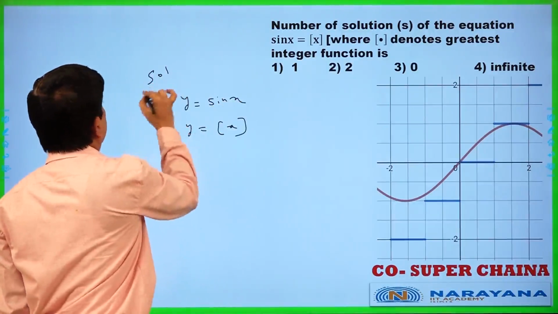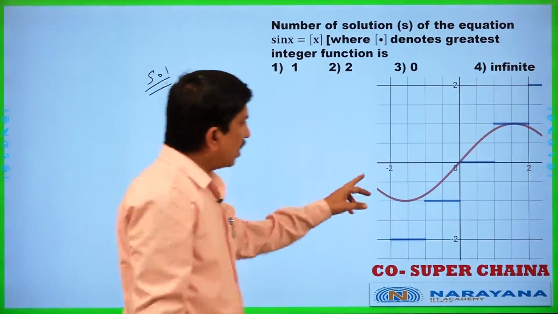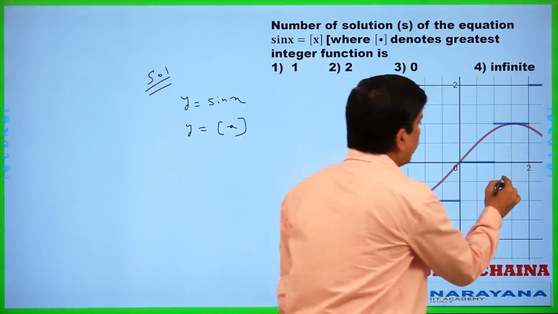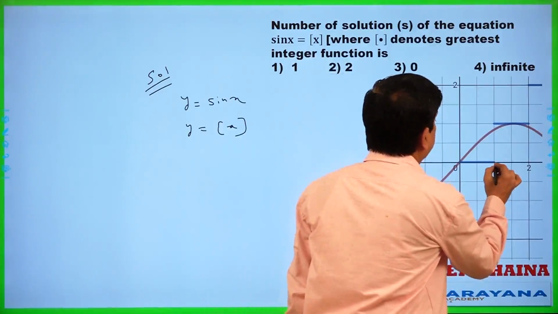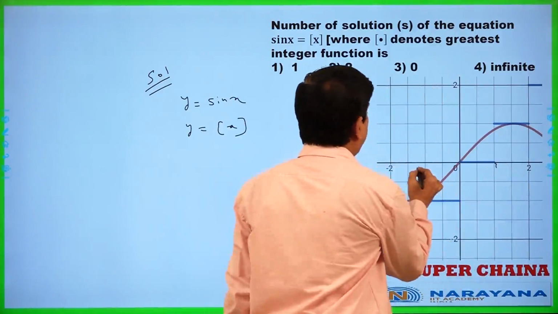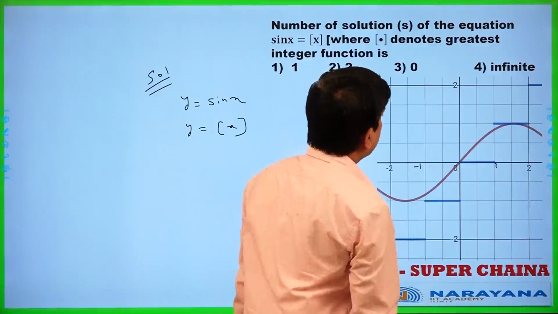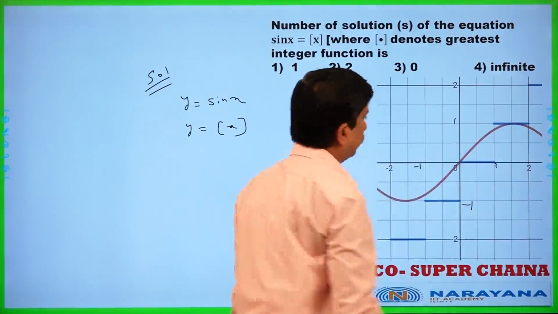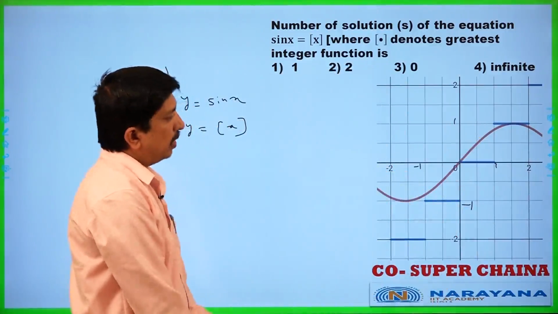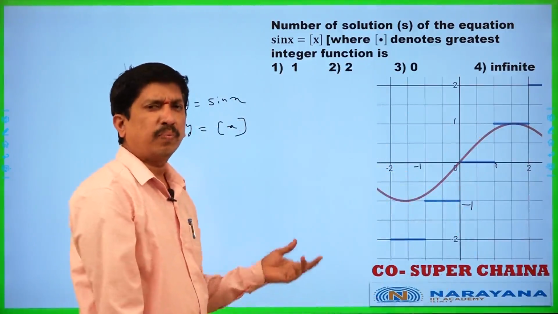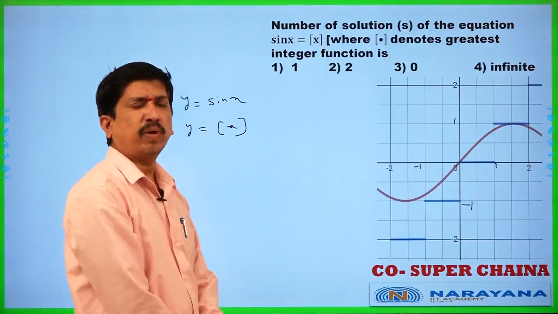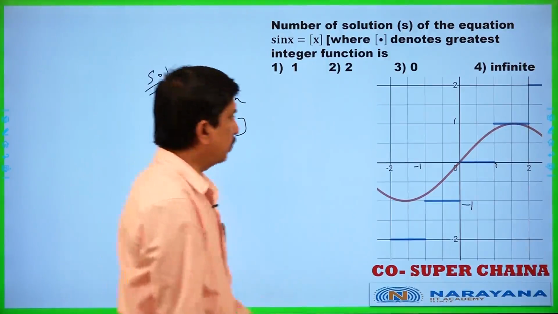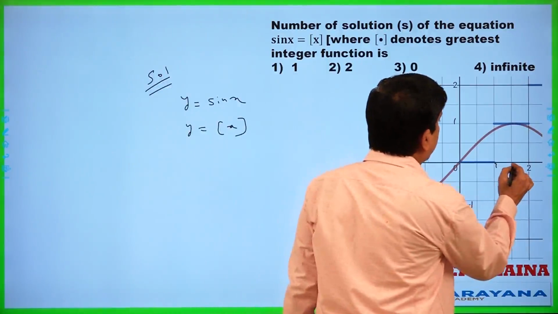Sin x graph you know very well. Here 0 is there, here you will get 1, here minus 1, here 1, here minus 1. Now pi by 2 is 3.1416 by 2, that is 1.5 something, somewhere here.